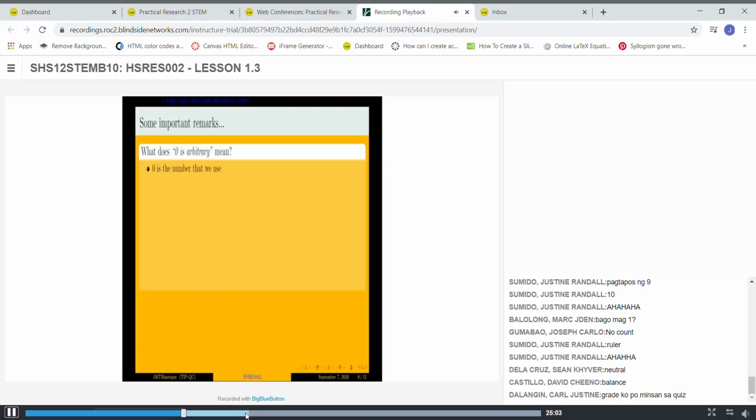Neutral? Hindi eh. Grade mo? Oh, money? Anak ng pating. Measure. O nga, tuwing kailan? Anong specific scenario? Tuwing kailan natin ginagamit yung zero? Ala?